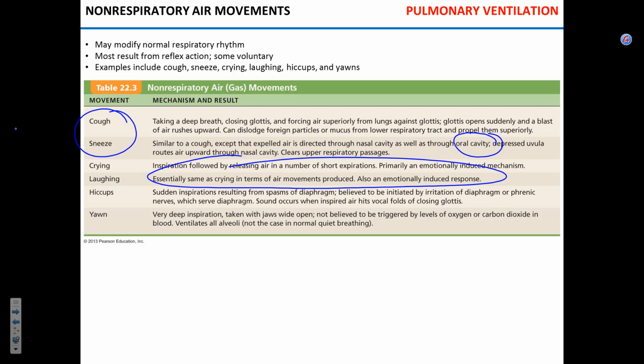We know why we cry when we're exposed to chemicals. It's a protective response. But we don't know the evolutionary importance of emotional crying. Seriously, no idea. We don't know why people need to cry when they're sad.